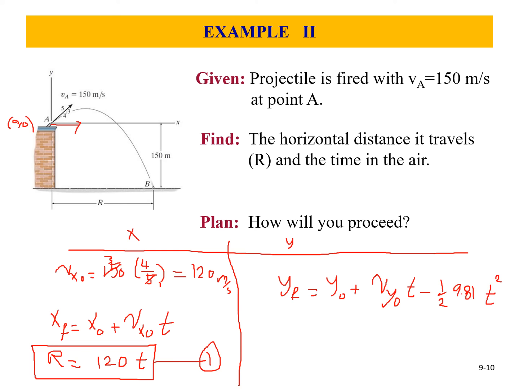For the vy0, how much is that? That is 150, and it's the vertical, so that's 3 over 5, correct? So that's 90 meters per second.